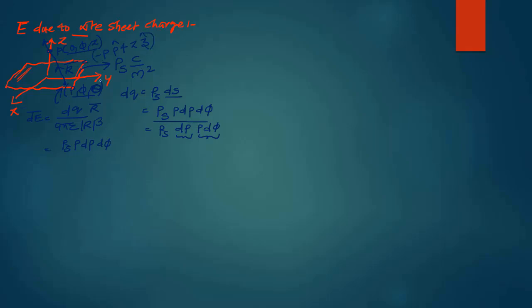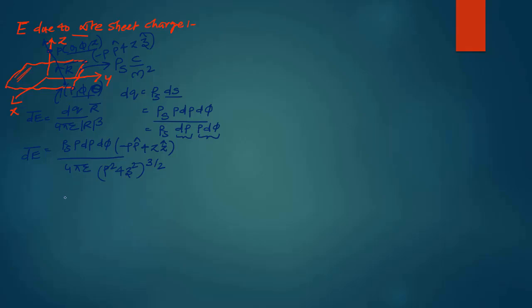So this is nothing but our r bar. That is what I am substituting here: minus rho cap plus z cap by 4 pi epsilon, magnitude of r cube. Magnitude of r is rho square plus z square whole power 1 by 2, but cube is there, that's why 3 by 2. This is the differential electric field due to the differential element available at rho, phi, 0.